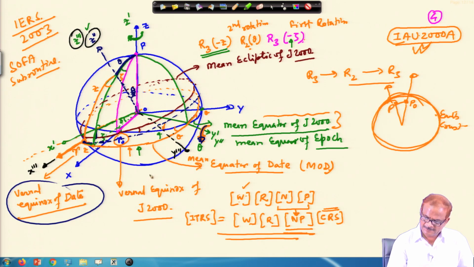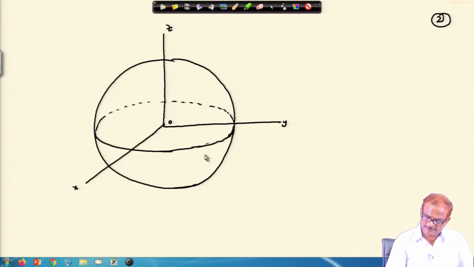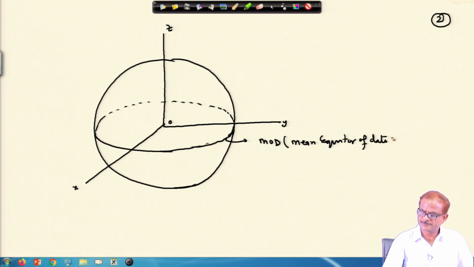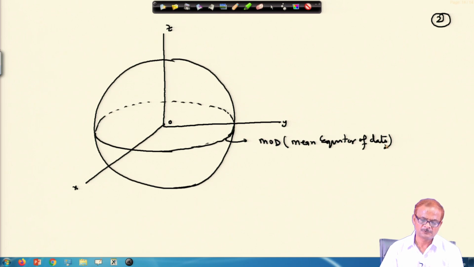As per this, I have already written here, this is the mean equator of date. So in this case this constitutes the MOD, the mean equator of date. The precession rotation we have already given. Now we have to go to the nutation rotation.